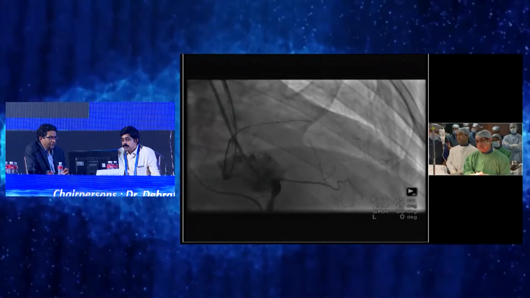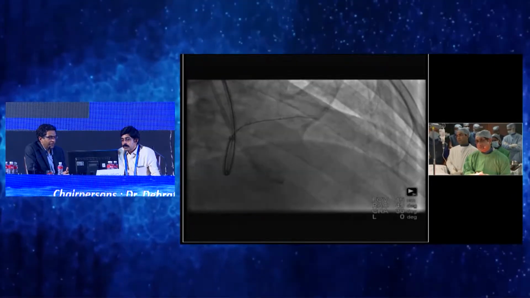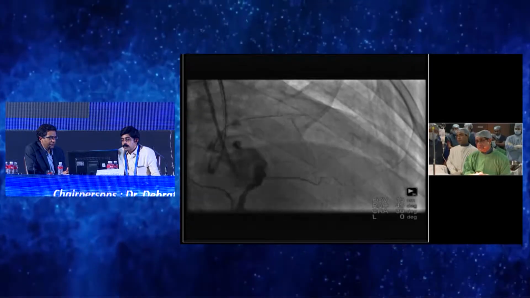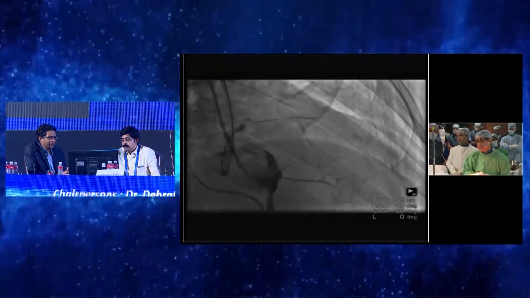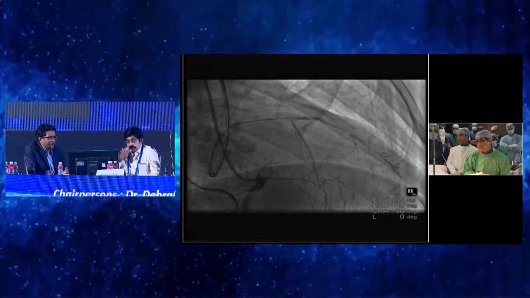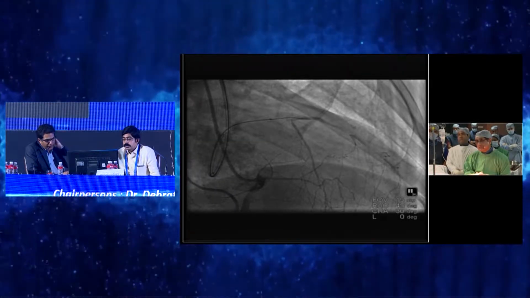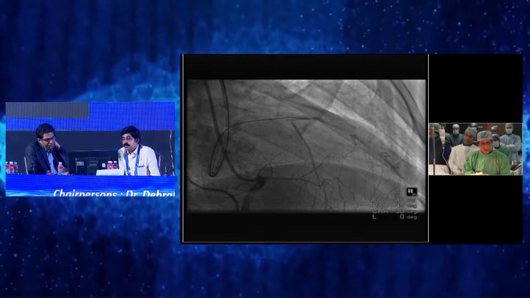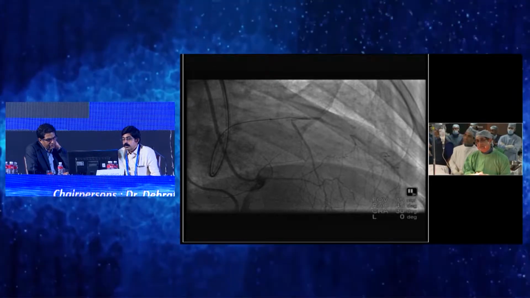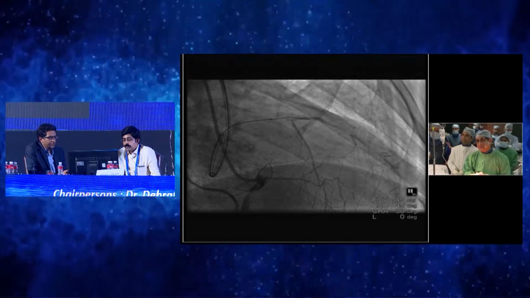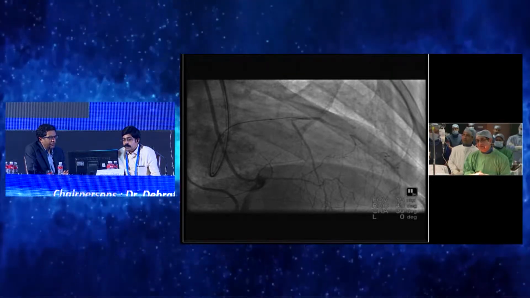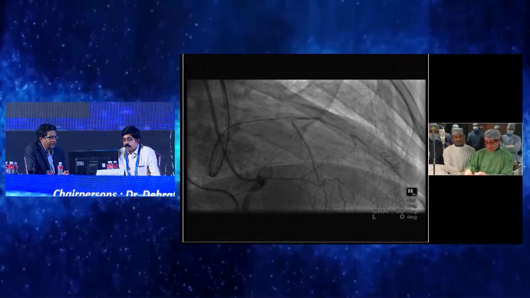So I think it's a great way of showing how a microcatheter has been used here to lodge in the proximal cap and then proceed with a stiffer wire. What type of microcatheter is this? This is a Fine Cross. Fine Cross, right. It's definitely a low profile microcatheter that has been used here.